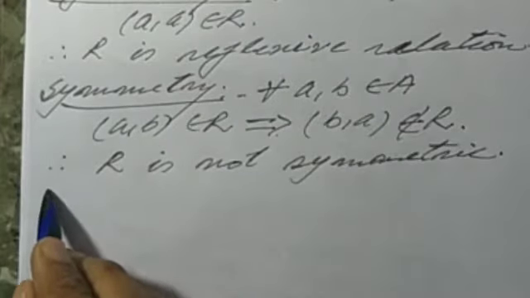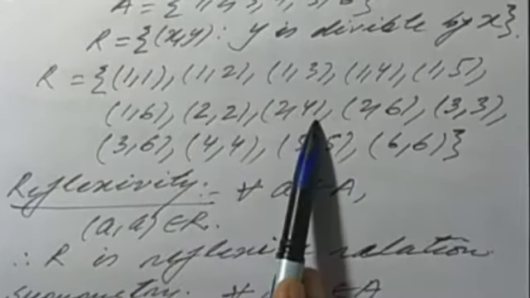Now let us talk about transitivity. First we have to observe whether the transitivity of the relation may be checked or not. So first we see (1, 2) is there. The second component of this ordered pair is identical to the first component of this ordered pair, so the first component is related to the second component, that is (1, 2), which is this ordered pair itself. If we check (1, 2) and (2, 6), then (1, 6) is also there. (1, 2), (2, 4), so (1, 4) is there.